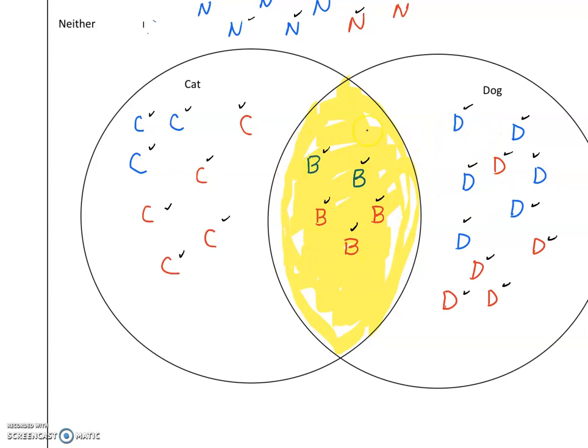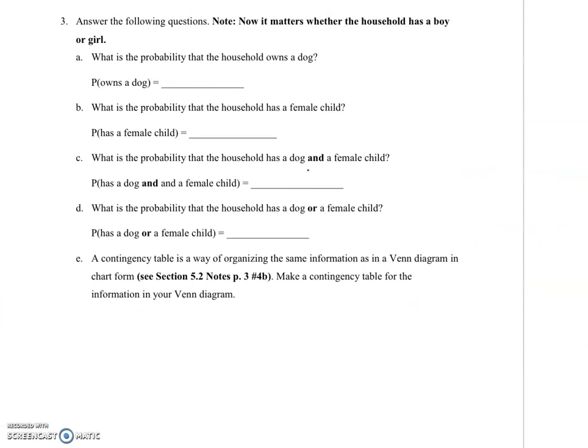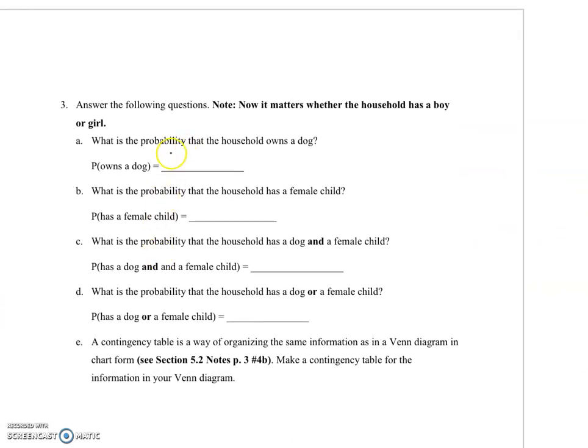And that includes the ones where the household has both a dog and a cat. So we have 1, 2, 3, 4, 5, 6, 7, 8, 9, 10, 11, 12, 13, 14, 15, 16 total households that do have a dog. So 16, remember that's out of 31.